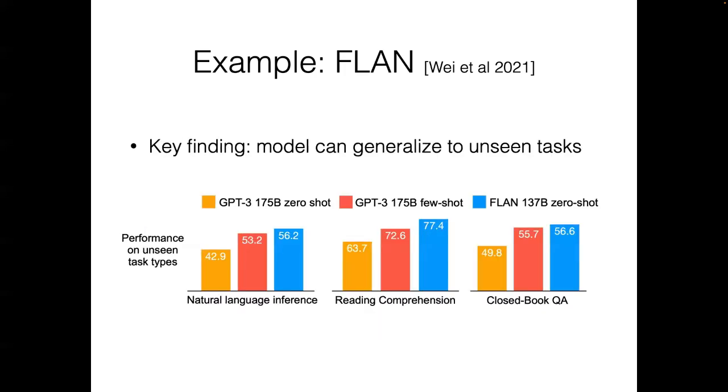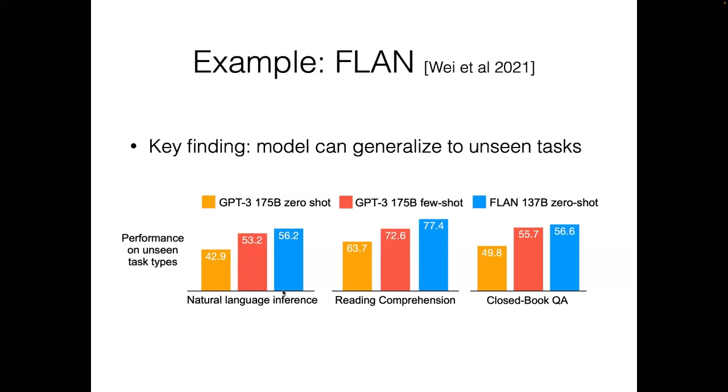Really the key finding of these early papers was that if you do the instruction tuning, the model can usually perform better than if you just fine tune on one task. So there's some transfer between the tasks. But very importantly, it can actually solve tasks that weren't in its training data. Here, what they did is they held out some tasks and then tested the model on one of these held out tasks.